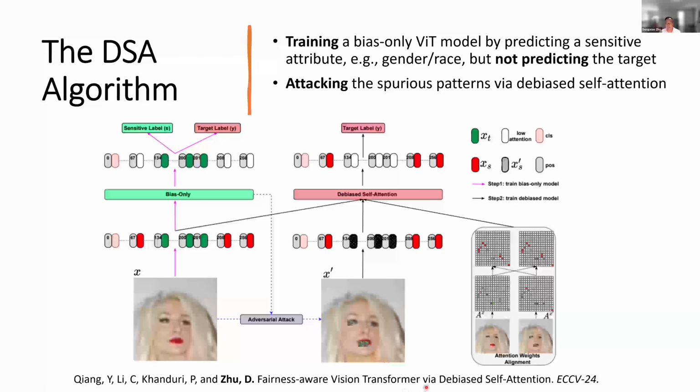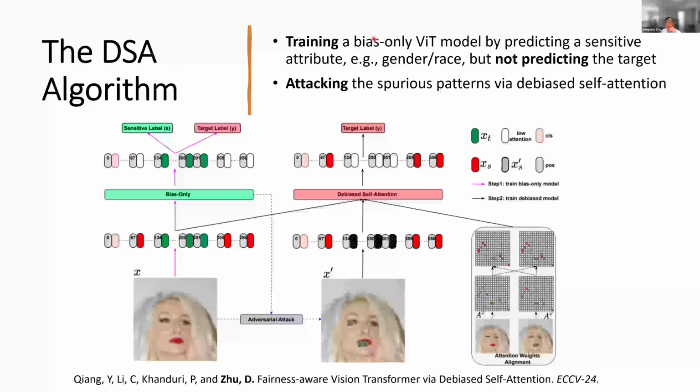This is a relatively newer paper we published. The ECCV conference is coming up next week. The idea here we call debiased self-attention. First, as a recap, we try to find what the spurious features are. So what do we do here?